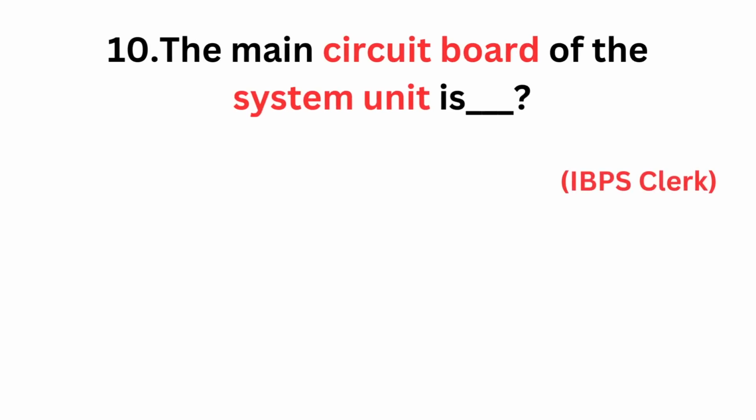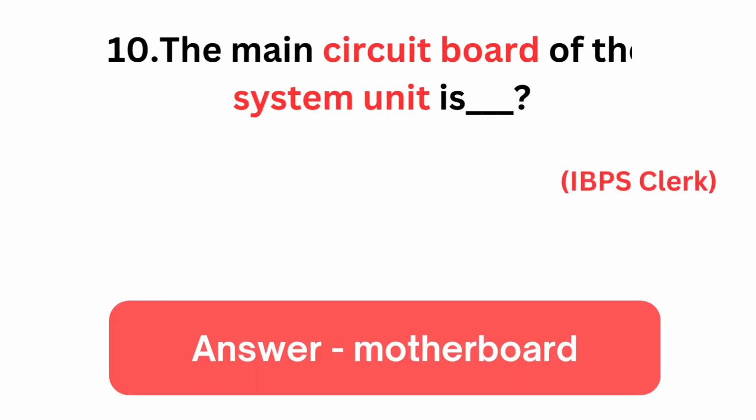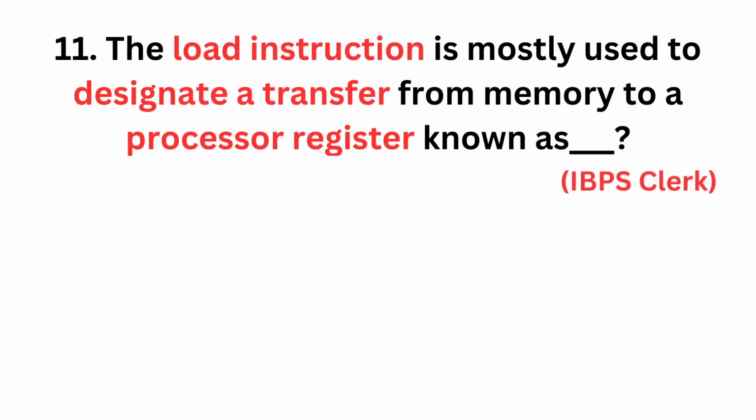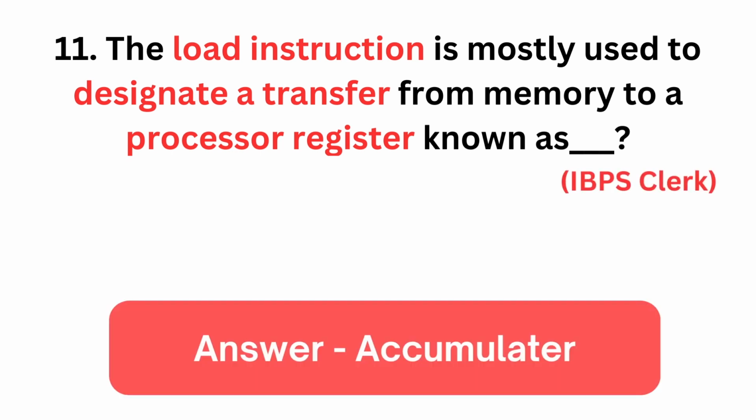Control signal. The main circuit board of the system unit is what? Motherboard. The load instruction is mostly used to designate a transfer from memory to a processor register known as what? Accumulator.